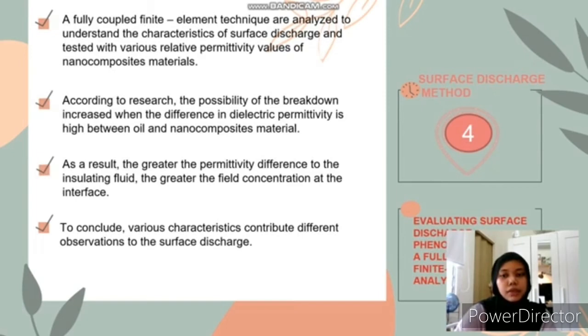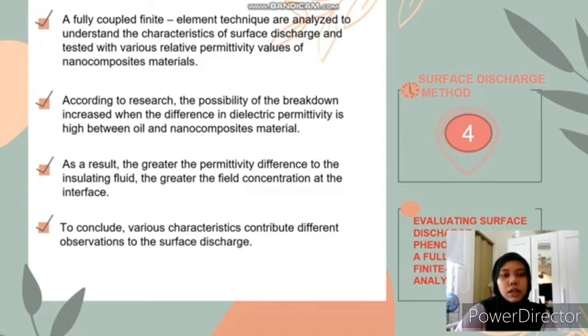Next, I will evaluate surface discharge phenomena through a fully coupled finite element analysis technique. A fully coupled finite element technique is used to understand the characteristics of surface discharge and is tested with various relative permittivity values of nanocomposite materials.